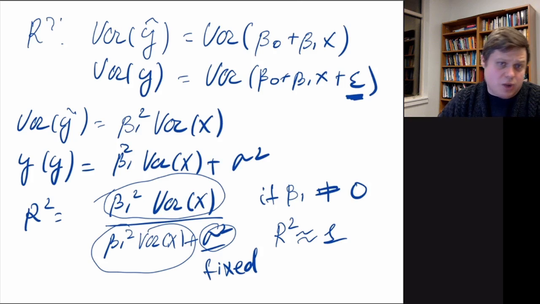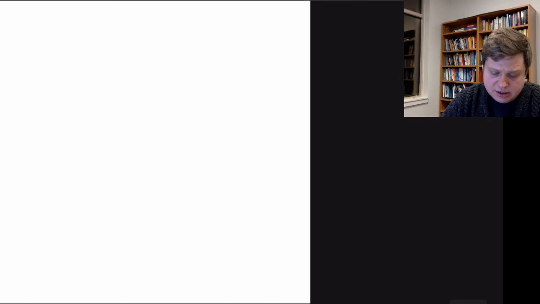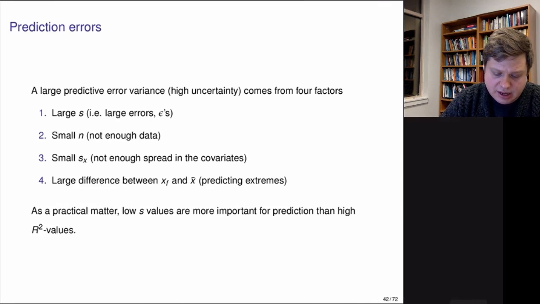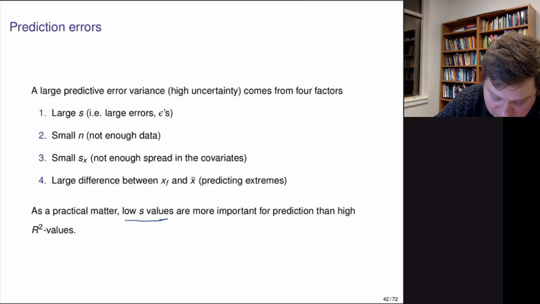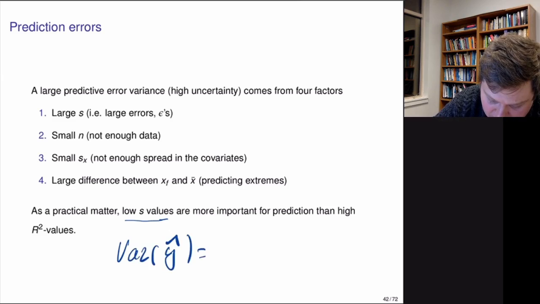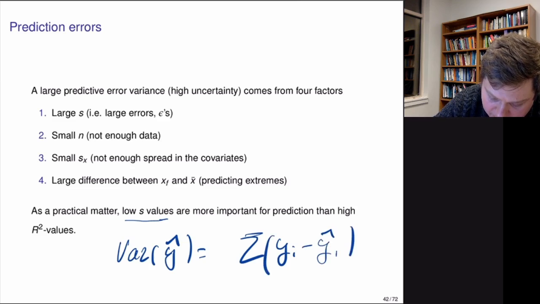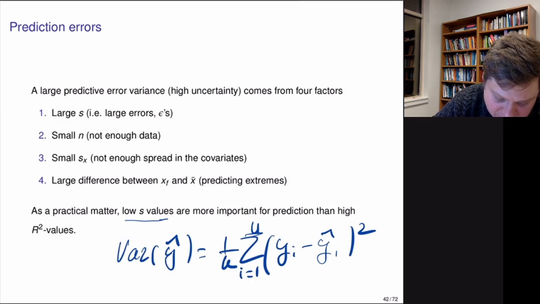That's why I'm going back to the statement that I made on the previous slide, saying that low values of s matter. The value of s is just the sum across yi minus yi hat, squared, times 1 over n. So that value is important.